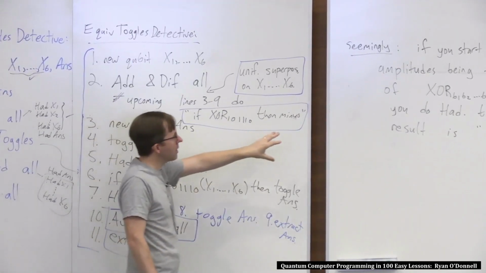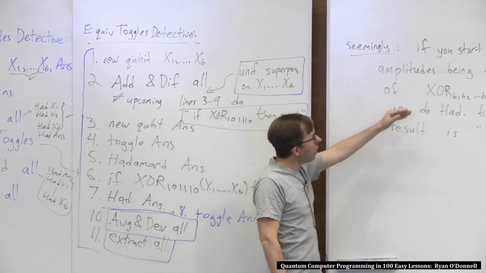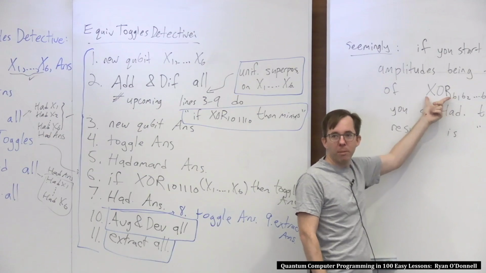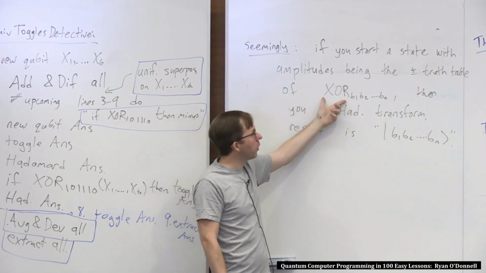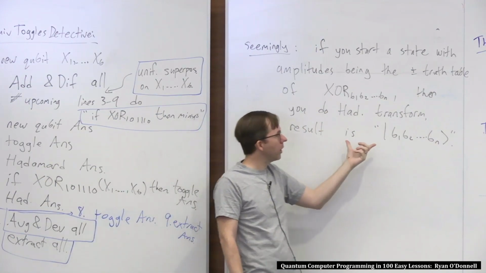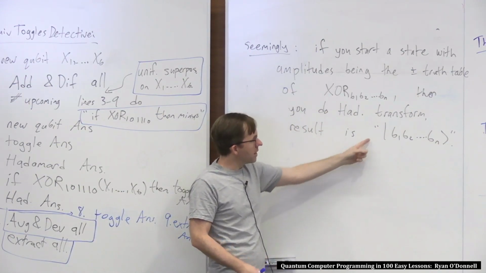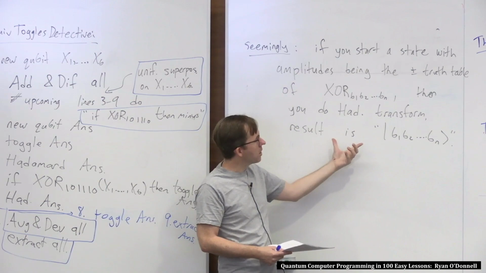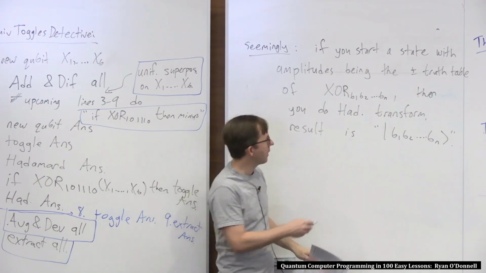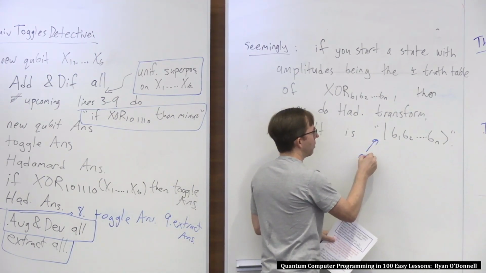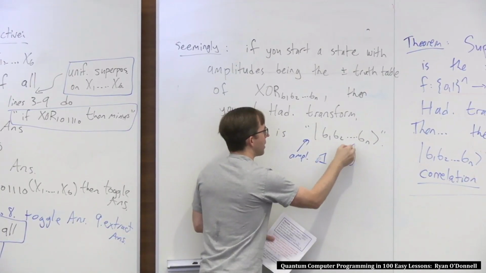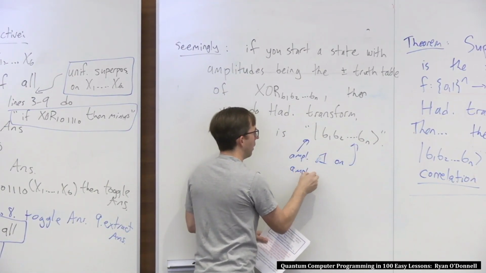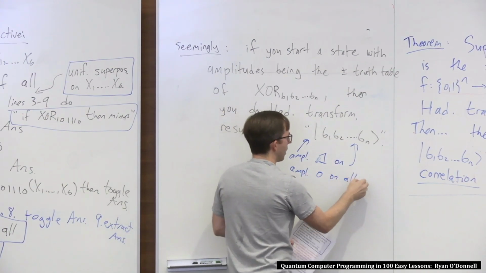Because in this case, we imagine starting with f, which itself was some bitmasked XOR function. So based on your intuitive notion of what correlation should mean, it should seem quite likely that this is the state that has amplitude 1 on this and amplitude 0 on all other basic states.